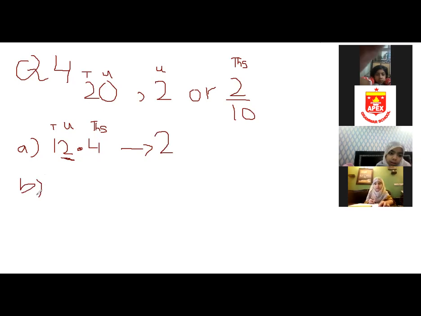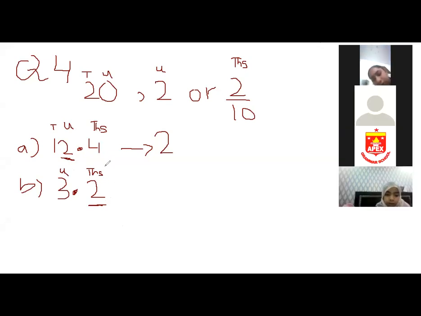Now I'm going to do the B part, where the question is 3.2. After the point, we know that the first value is tenth, and before the point the value is unit. Now we have to know on which place 2 is.